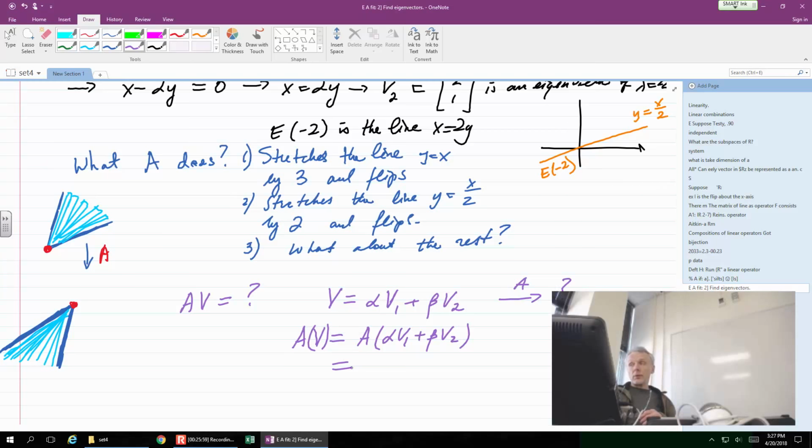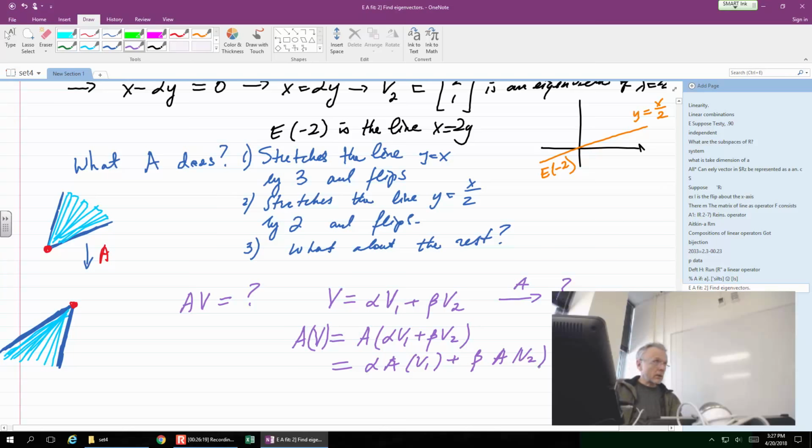That's right. Linear operators, that's their property. That's why they're called linear, because that's how they handle linear combinations. You break it, you take those alphas outside, like this. So it will be alpha A of v1 plus beta A of v2.